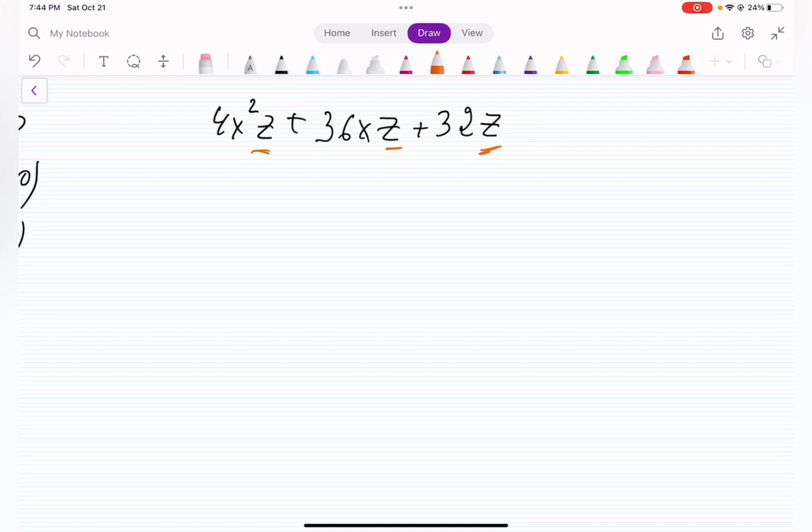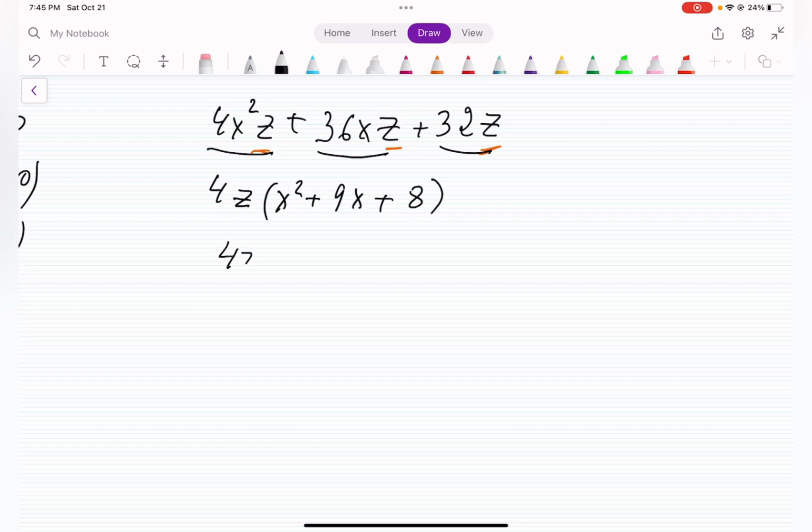Which means 4z, I'm taking out. It's a common factor. And I'm going to have left. From this one, I will have left x squared. From this one, I will have left 36 by 4 is 9. X, z is gone. And from 32z divided by 4z, it's going to be equal 8.